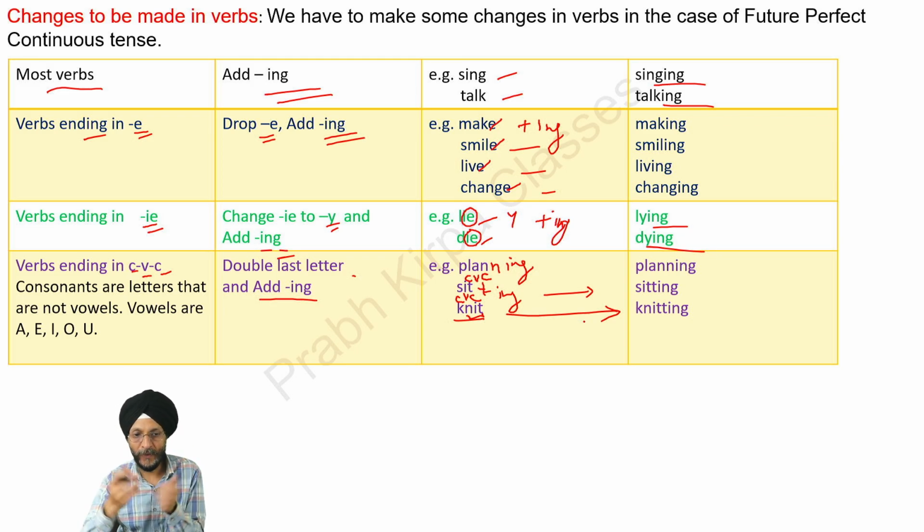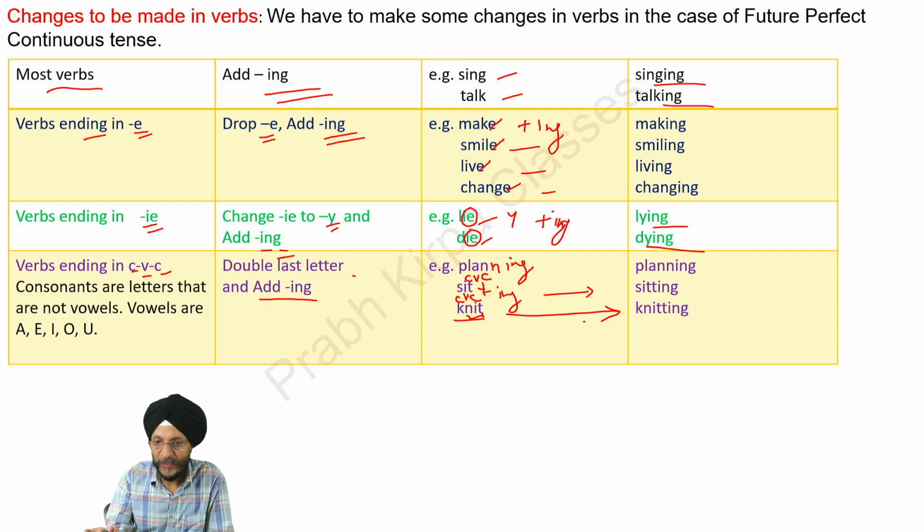You have to remember, because there are hundreds of verbs which have to be changed into ing form, so that we can use the same in perfect continuous tense. We have to remember the same after going through Google or through our books. Only then we can make use of the continuous form of the verb. Only practice can make you perfect.